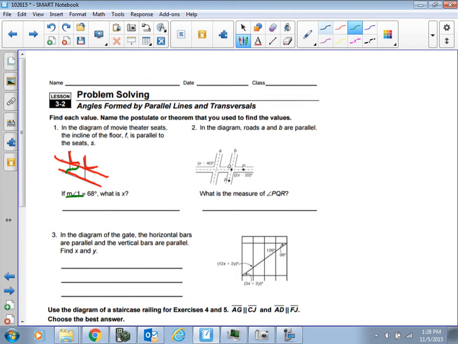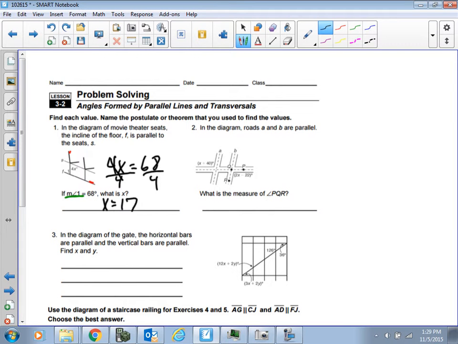It tells you the measure of angle 1 is 68, and the one in green that I just wrote over is 4x. So we're going to have 4x is equal to 68. If you divide both sides by 4, you get x is equal to 17.